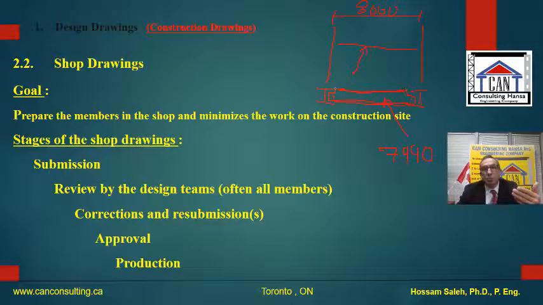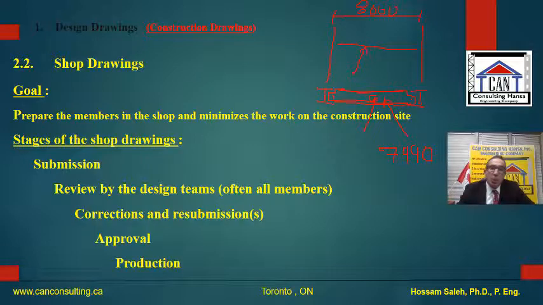This beam drawing will be submitted to the consultant for approval, and when it is reviewed by the design team, then we might say, you know what, there will be an opening here and you have to add that in the shop. So you need to create an opening, because there is a pipe going through this.